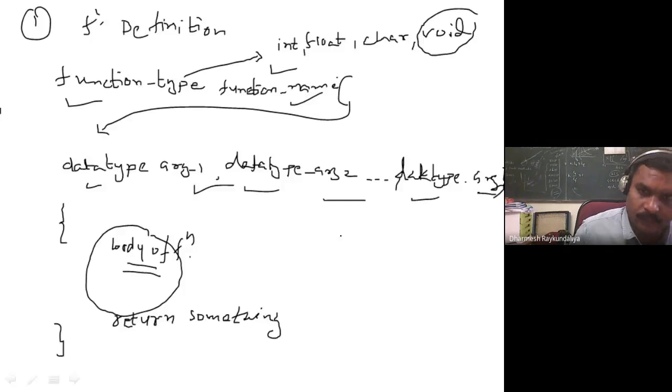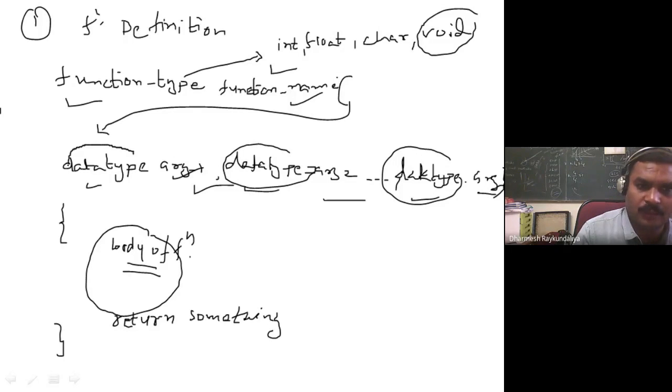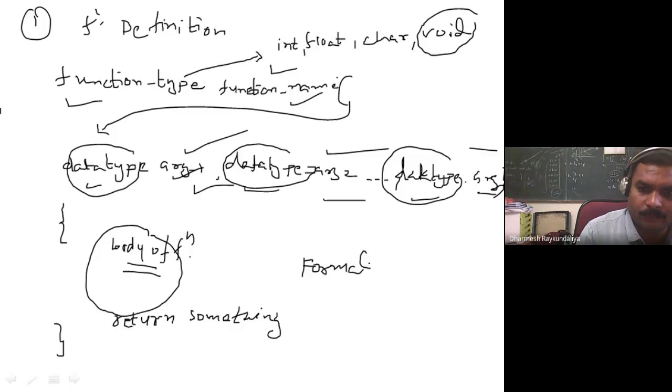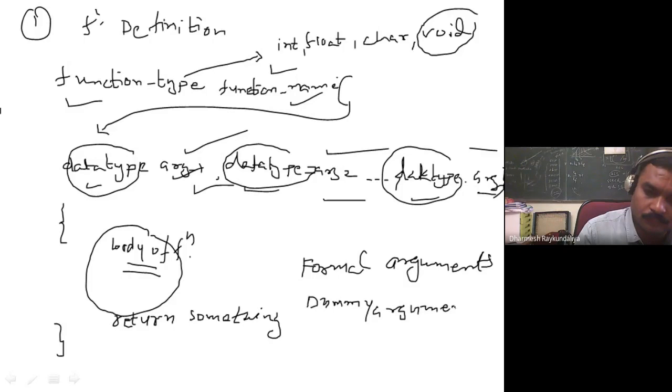Then when you talk about this part here, argument 1, argument 2, up to argument n, and these are all the data types corresponding to the arguments. So argument 1, argument 2, these all are said to be formal arguments. Sometimes they are also known as dummy arguments or dummy parameters.